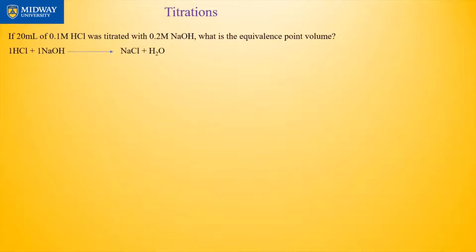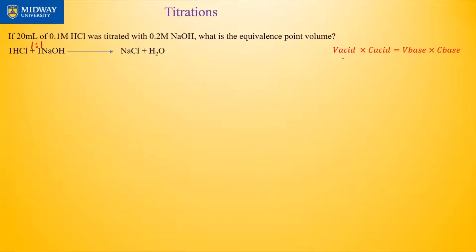Now I have balanced this equation and I know my acid and base are in 1-to-1 ratio. There is a generic acid-base formula, and that is volume of acid multiplied by concentration of acid equals volume of base times concentration of base.